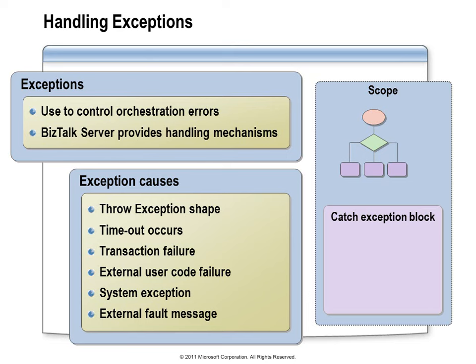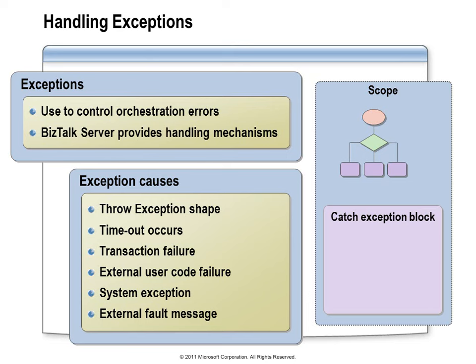The orchestration runtime might throw exceptions because it could encounter a transaction timeout, or there might be other transaction errors that occur. It might encounter an exception when you call into a custom assembly, and that custom assembly throws an exception. The orchestration engine will receive that exception object and need to process it. There might be a system exception.